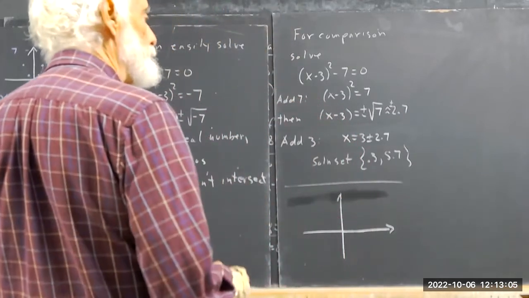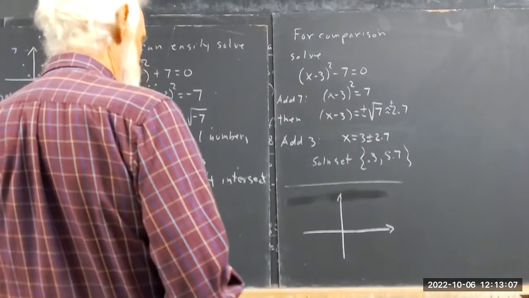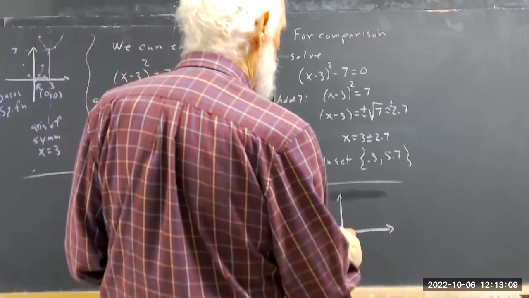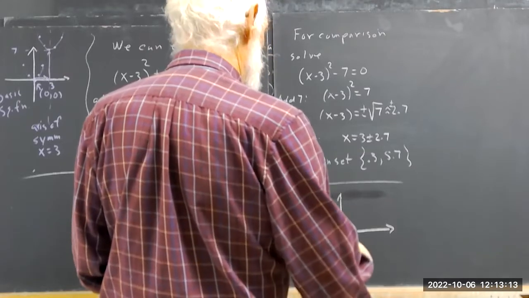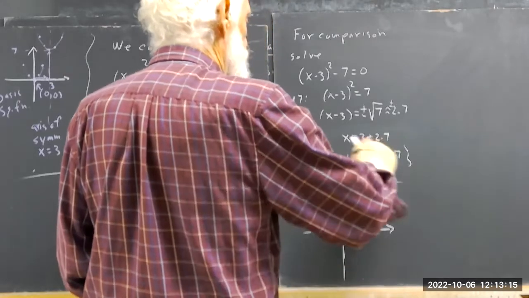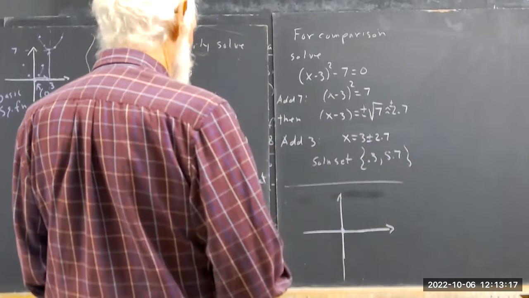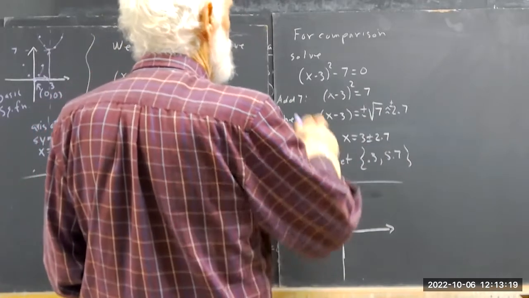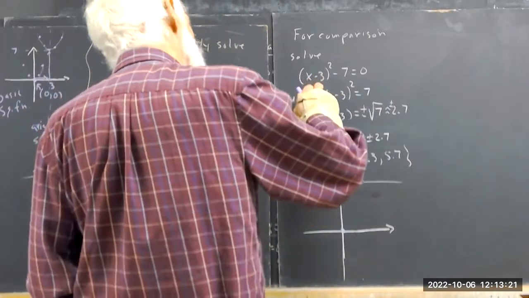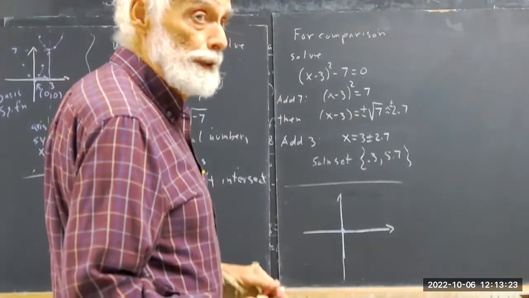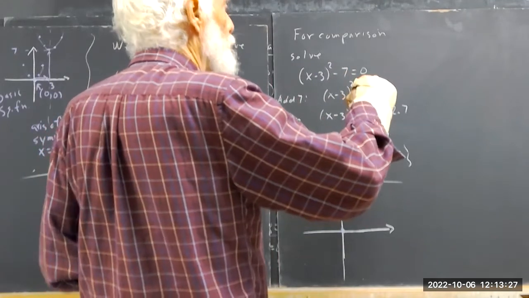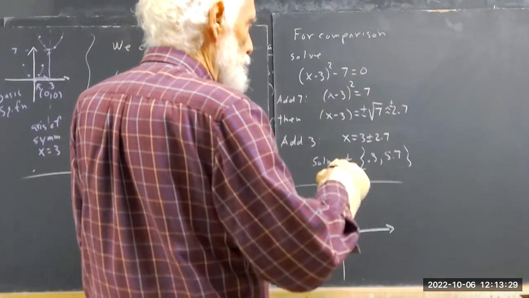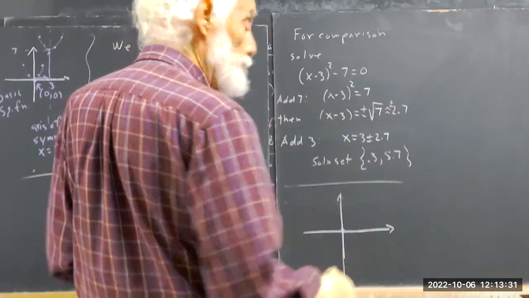So again, if we start with a basic squaring function, we can graph this expression by recognizing that x is shifted 3 units horizontally, and the y coordinate of any point on the basic squaring function is shifted 7 units downwards.